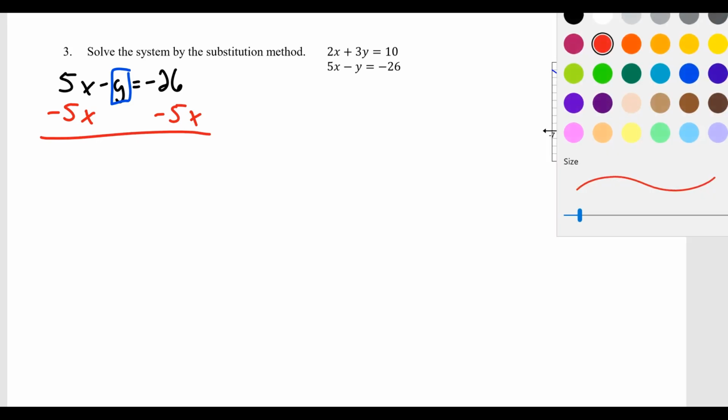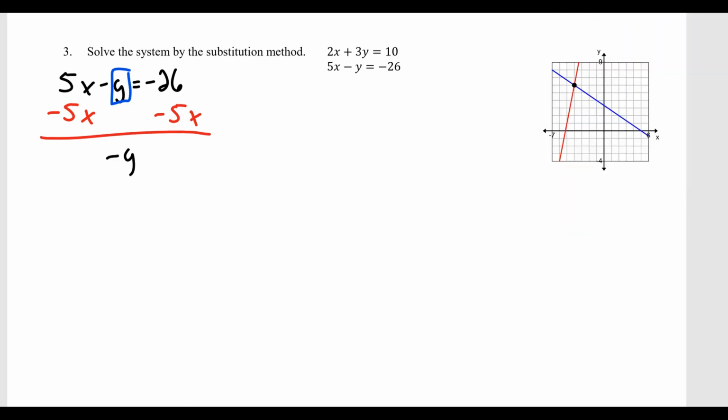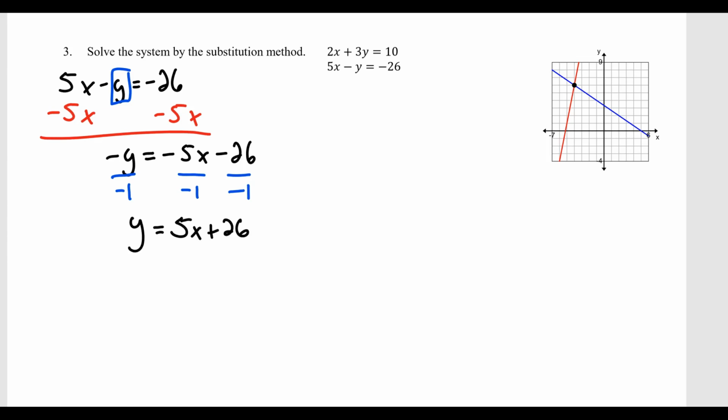So on the left-hand side of the equation now, I have negative y equals, and I'm usually going to put my x in front, so negative 5x minus 26. Remember, I cannot combine these because one has a variable, one does not. Then I'm going to divide everything by negative 1. So that leaves me with y is equal to 5x plus 26.